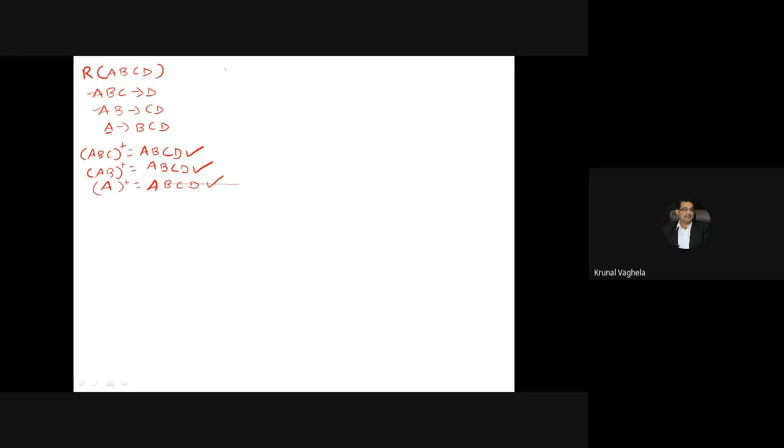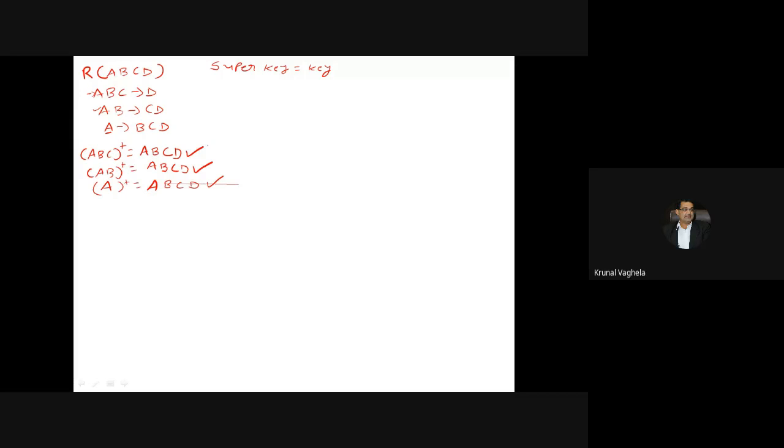So now let's understand what a super key is. Super key is nothing but key. Simple. Super key and key are synonyms: whatever attributes you can use to find all the attributes of the table.